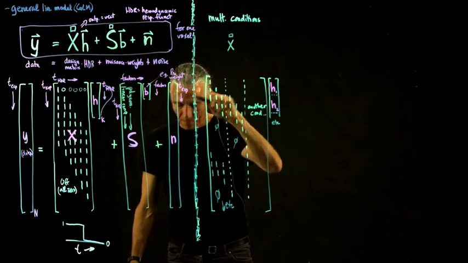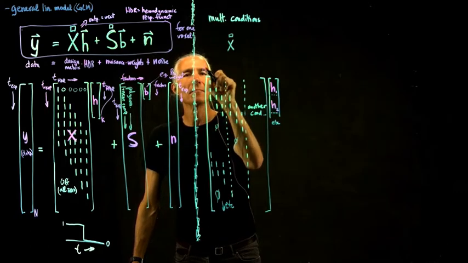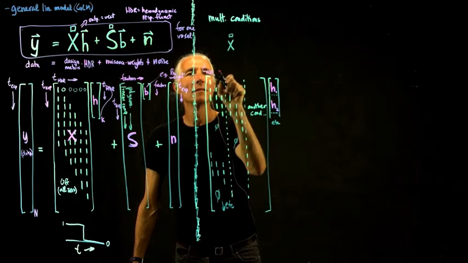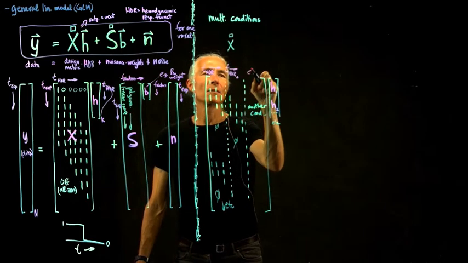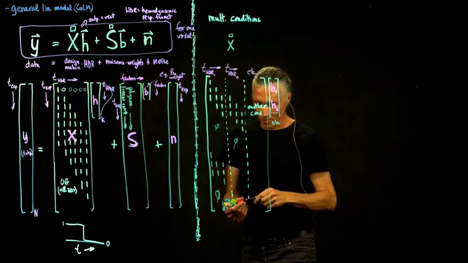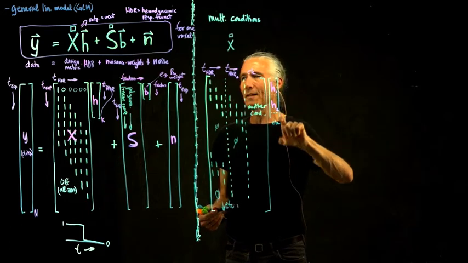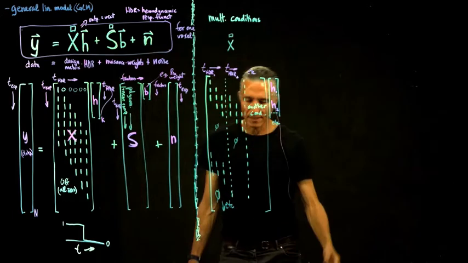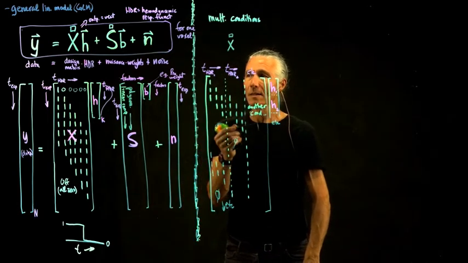So this guy is time HDR 1 going that way, and then here's another time HDR 2 going that way, etc. So now we've got a bigger matrix, and we're solving for concatenated hemodynamic response functions for different conditions, because we don't necessarily have to have the same hemodynamic response function for all the conditions. They may actually elicit a different kind of a response.